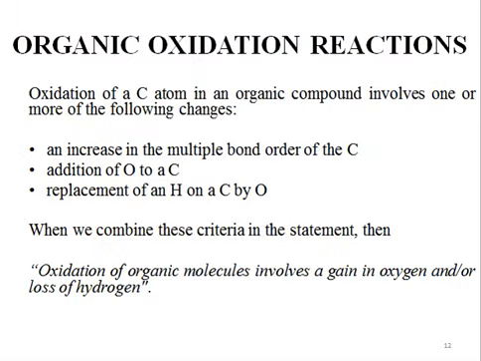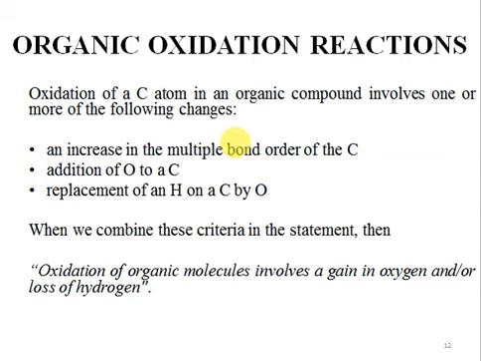Now when we talk about organic oxidation reactions, the oxidation of carbon involves one or more of the following, right? Number one, an organic compound in which there is an increase in multiple bond order of the carbon is said to be oxidized. For example, if you have a carbon-carbon single bond and it is converted into a carbon-carbon double bond or a carbon-carbon triple bond, we say that multiple bond order has increased, right?